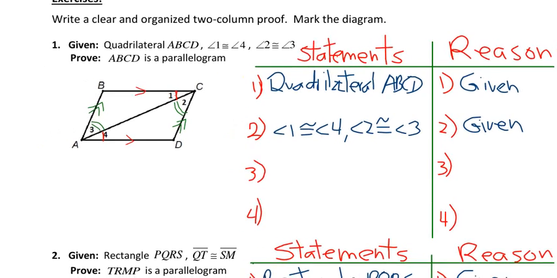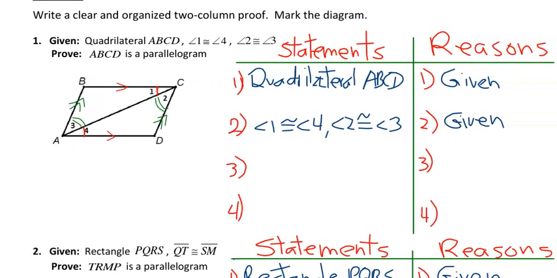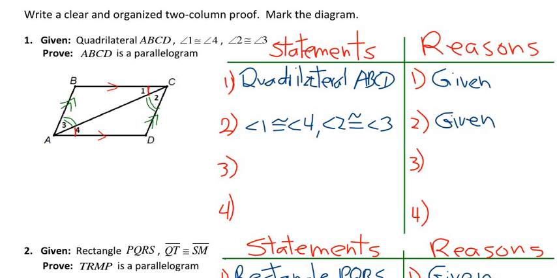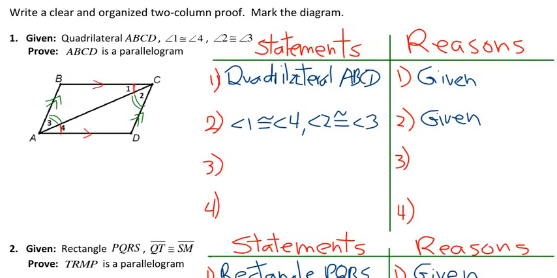Statement number 1 says quadrilateral ABCD, that's given. Statement number 2, angle 1 is congruent to angle 4 and angle 2 is congruent to angle 3, that's given. And now we're going to put what we got from the fact that angle 1 is congruent to angle 4 and what we got from the fact that angle 2 is congruent to angle 3.